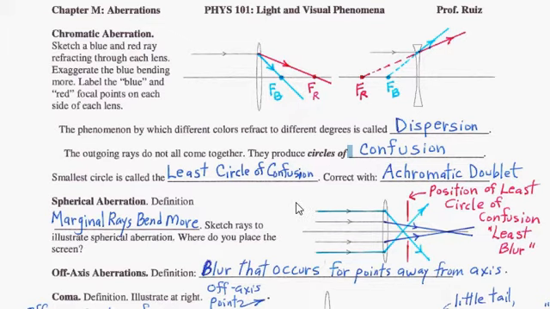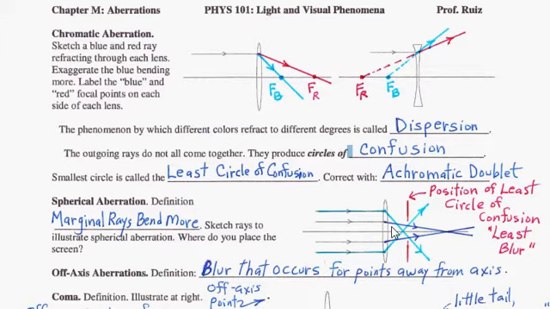Let's look at another kind of aberration called spherical aberration, and here the marginal rays bend more than the rays near the center, hitting the center of the lens. The margins are up here near the edges, and these rays bend more than the rays hitting the center. This is exaggerated, but this does show the circles of confusion very easily.